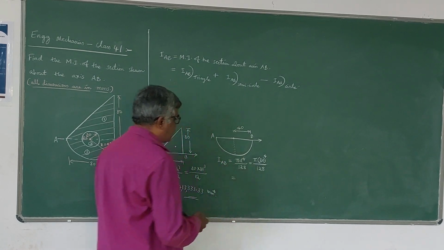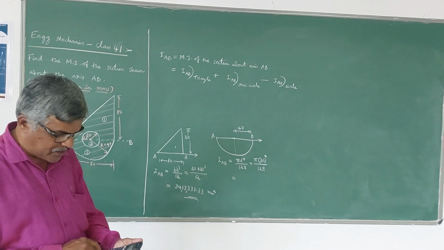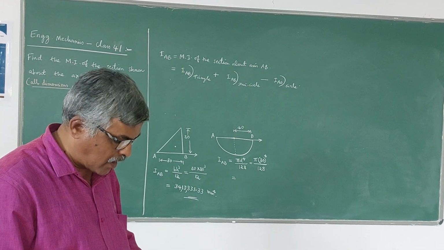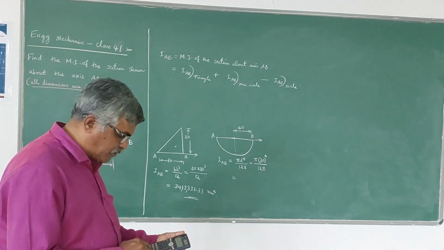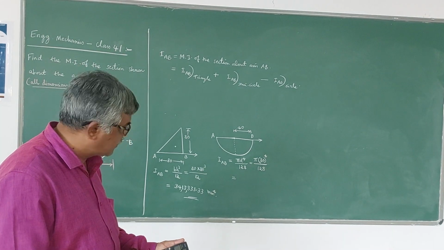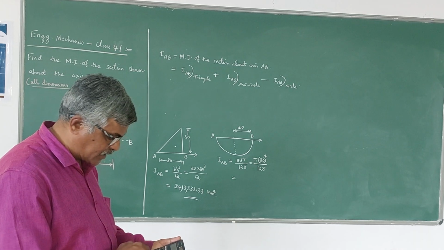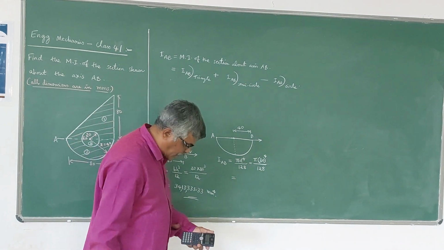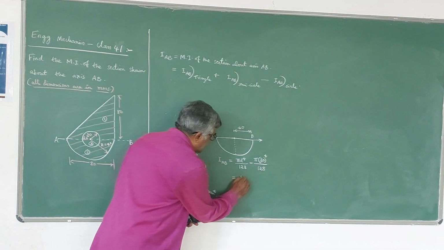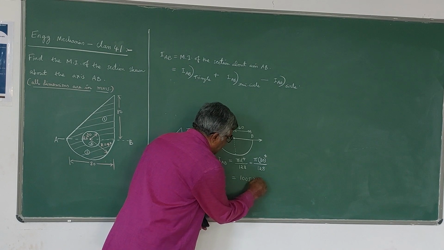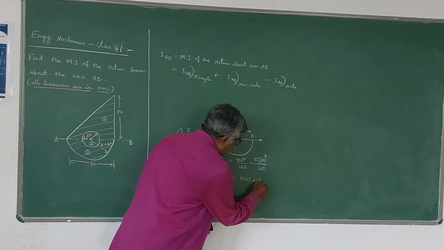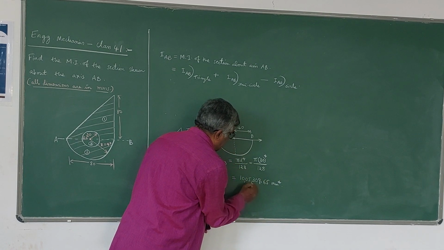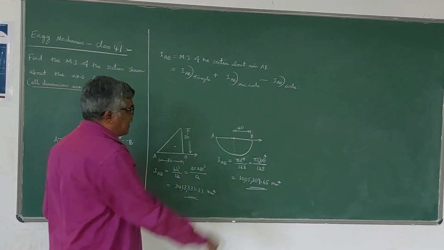If you simplify this value, it comes out to be 1005309.65 millimeter power 4. So this is the moment of inertia of the semicircular portion about the diameter axis.